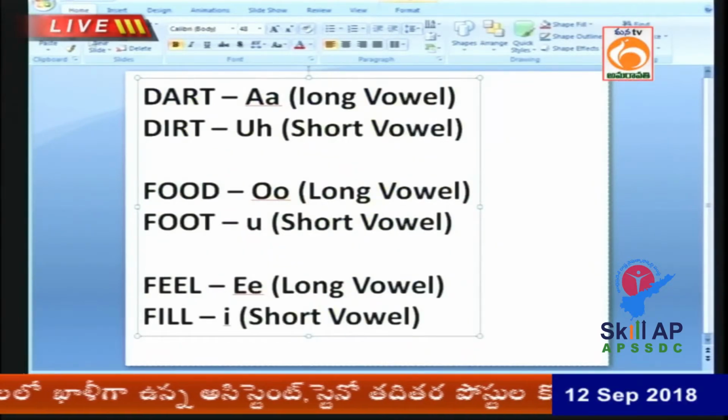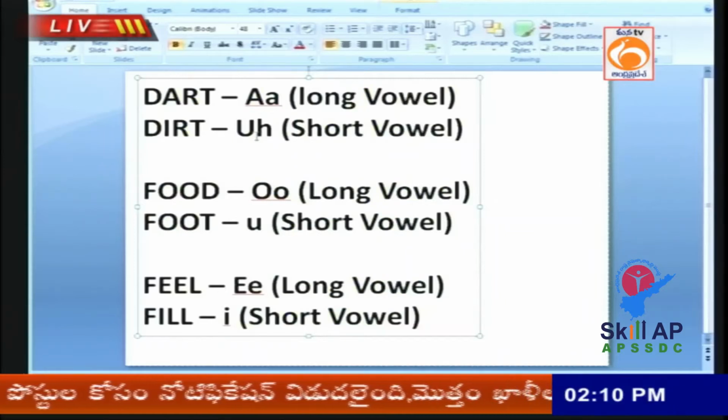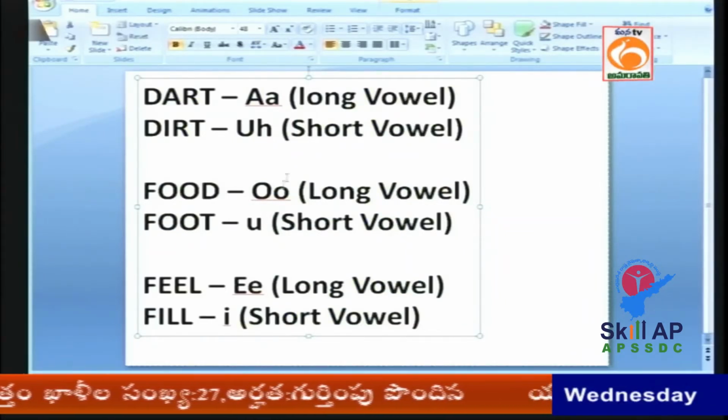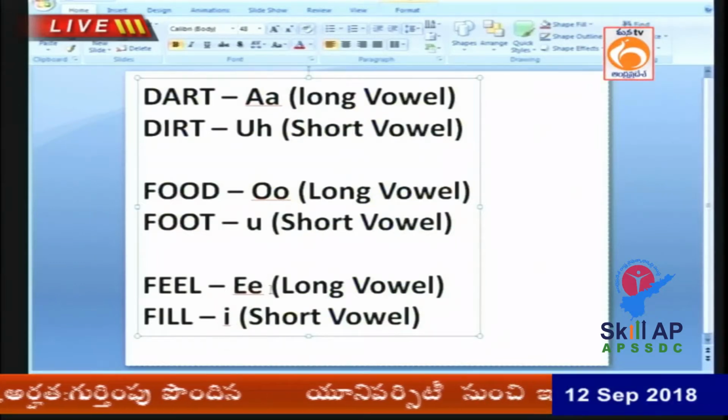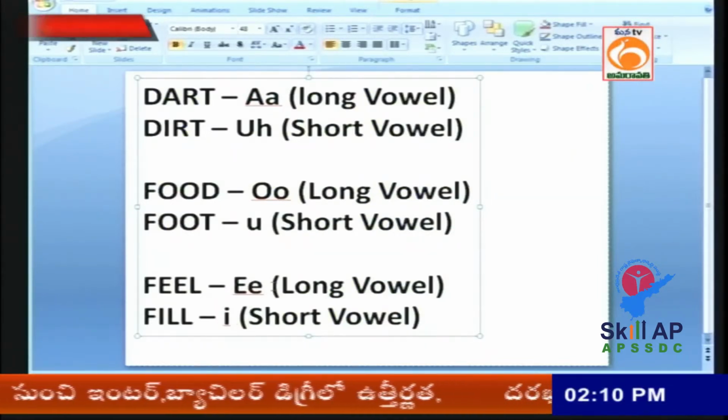You see this difference. Or we can reverse it to make you understand in vernacular language. This is a, this is u, and this is e. Like in a vernacular language we have sounds, here also we have the same.